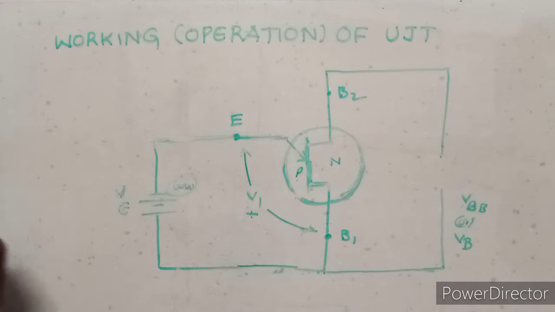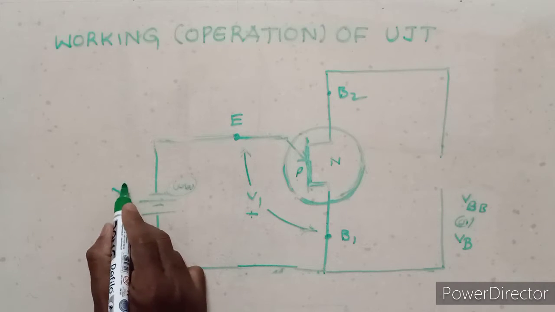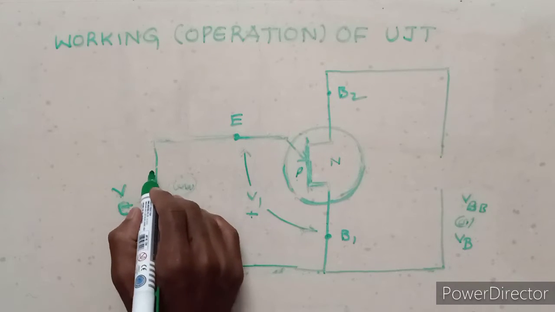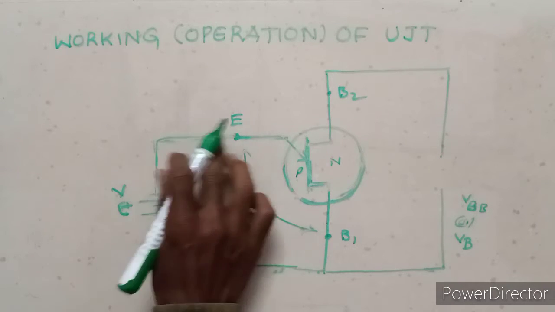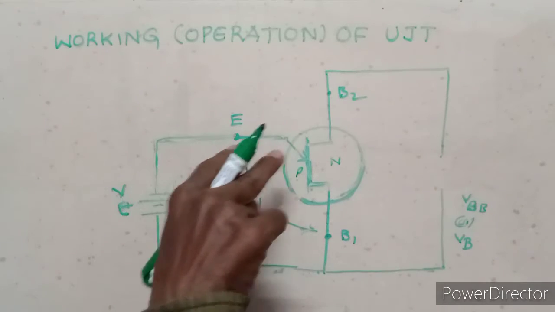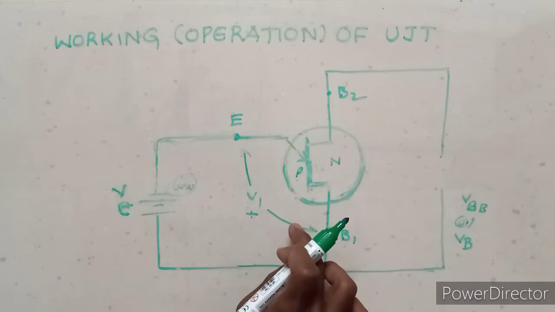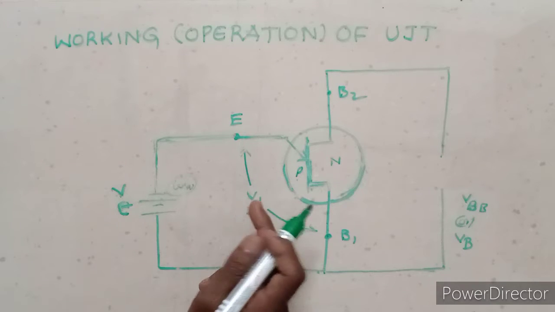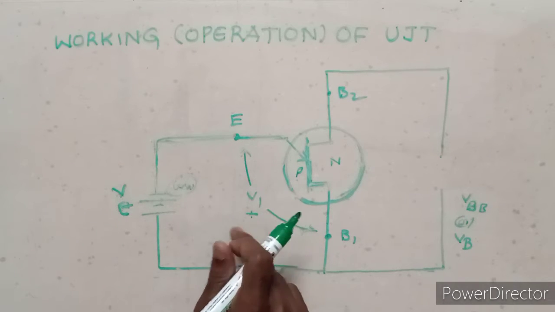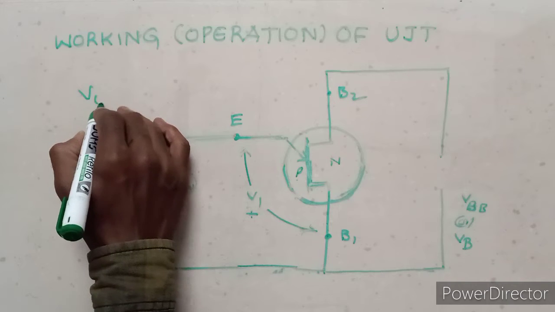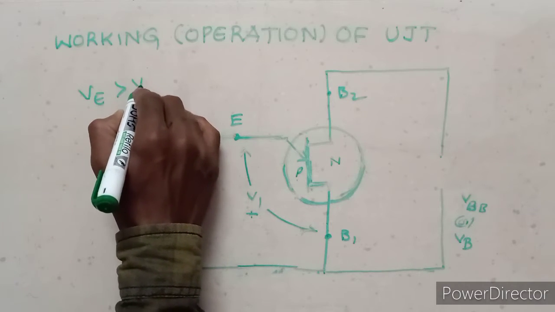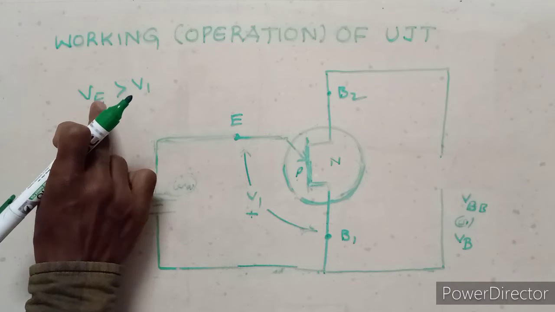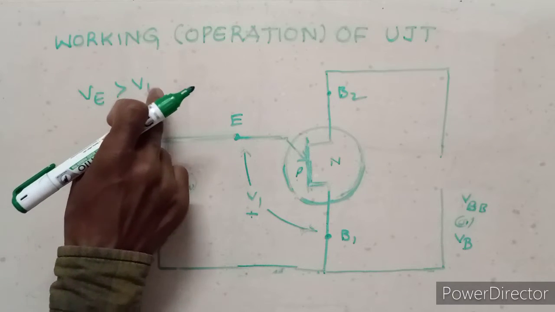The input voltage to the emitter exceeds V1, that means the emitter voltage is greater than V1.